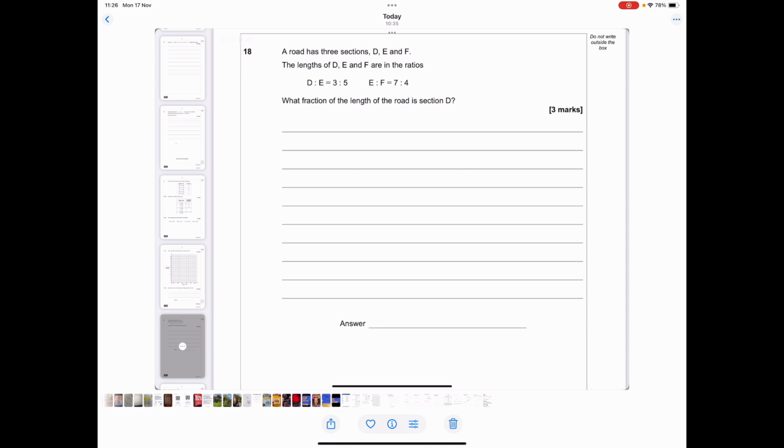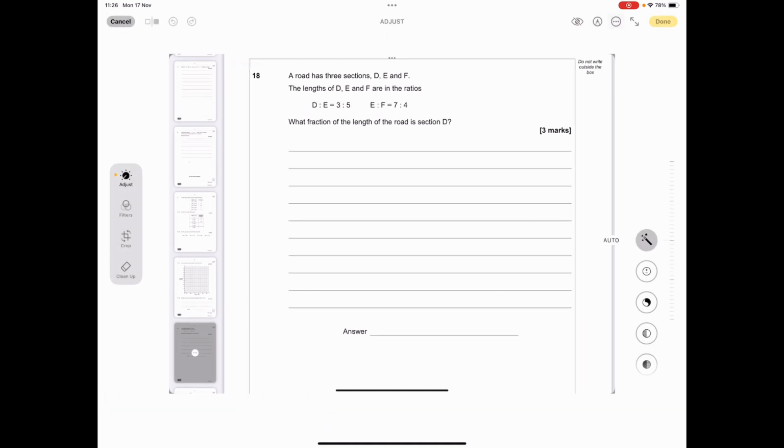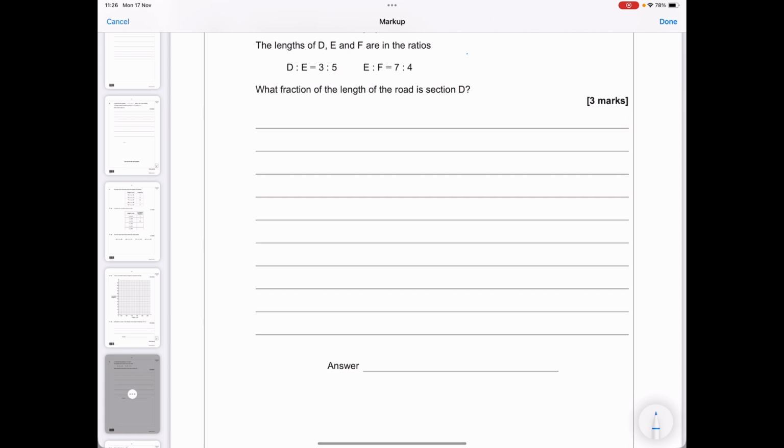So a road has 3 sections, D, E, and F. So we're going to have to draw this, I think, but it may not involve that much. So this is D to F, and D to E is 3 to 5.